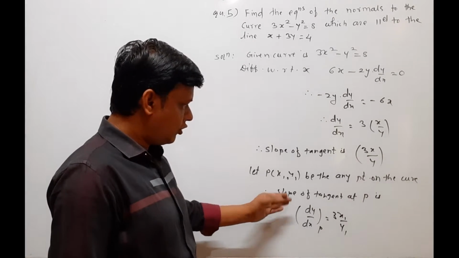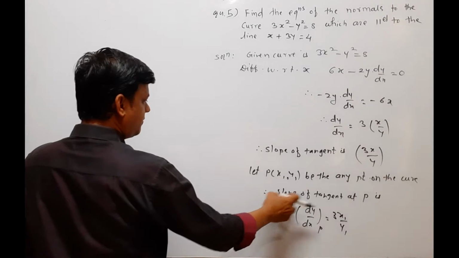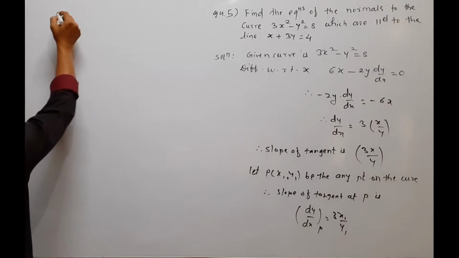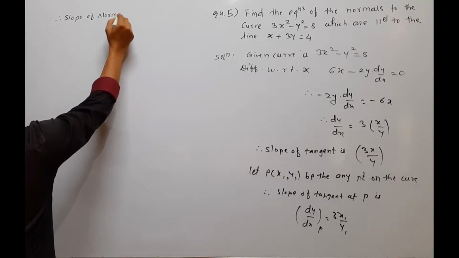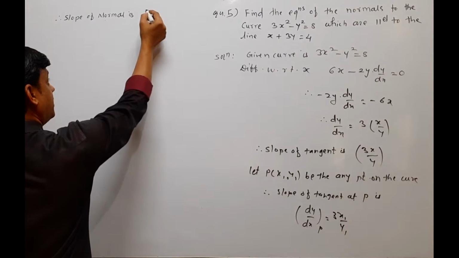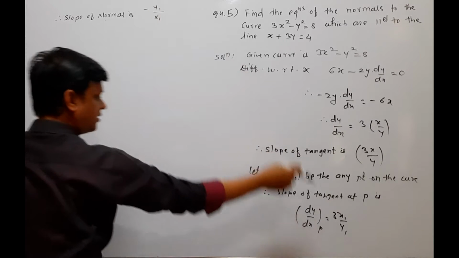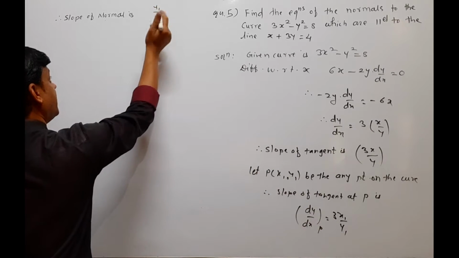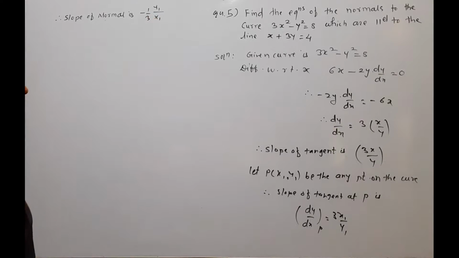Now we find slope of normal from this slope of tangent. We know that normal is perpendicular to the tangent. Therefore slope of normal is, we take reciprocal of it, so write minus y1 upon x1 and this 3 which is in numerator, so we write in denominator, so write minus 1 by 3 into y1 by x1.